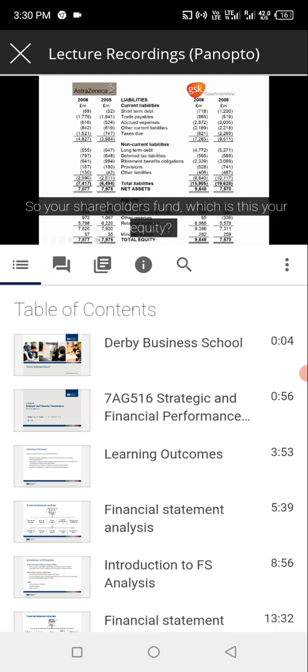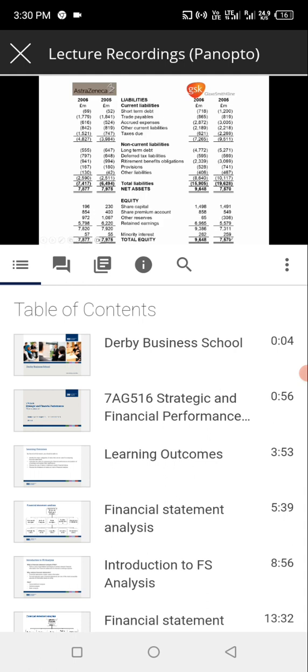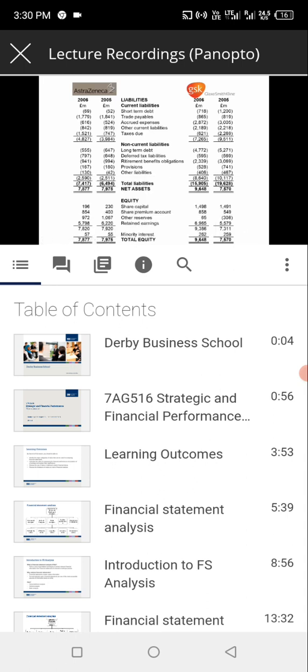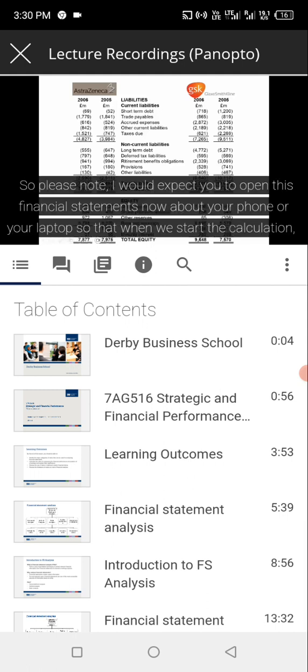So your shareholders' fund, which is your equity. This is the portion that belongs to the other shareholders of the subsidiary, but this one is the portion that belongs to the shareholders of the parent, and that's your shareholders' fund. So this is the minority interest. All right? So please note.